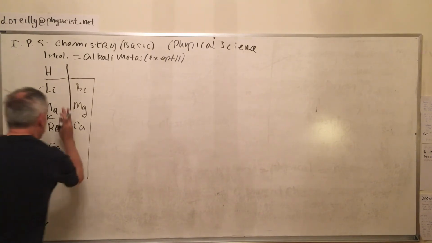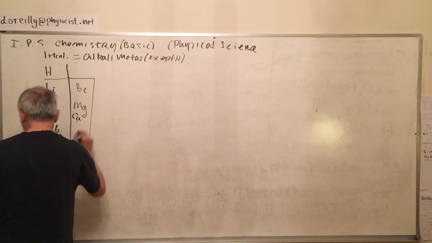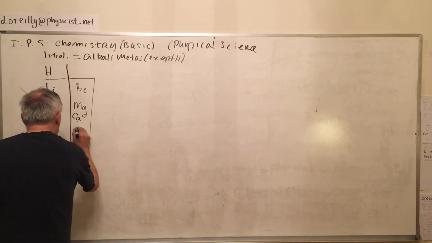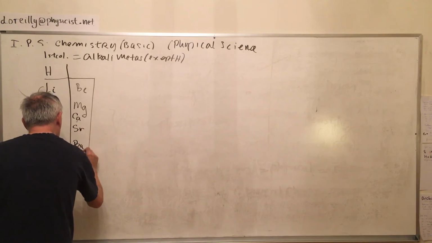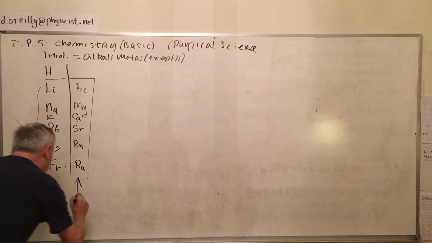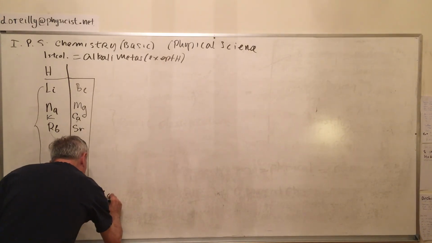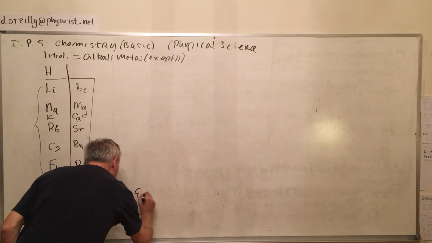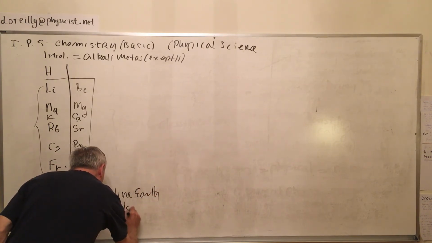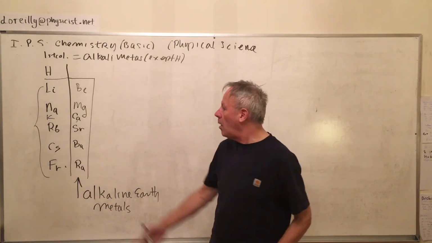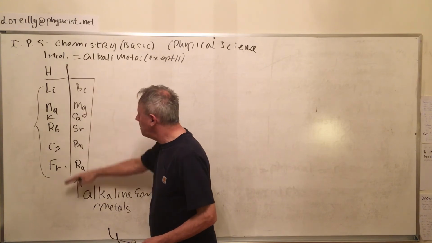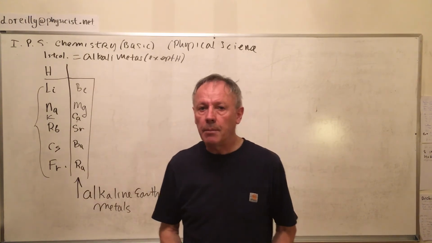Potassium, all right? Is Rb and Ra. These are called the alkaline earth metals. And they're similar in properties altogether. Not quite the same as these ones, slightly different properties, but enough for Mendeleev to put them all in the same column.